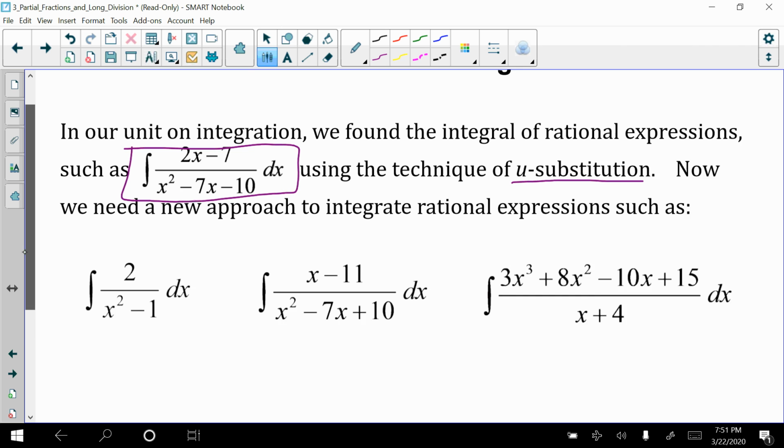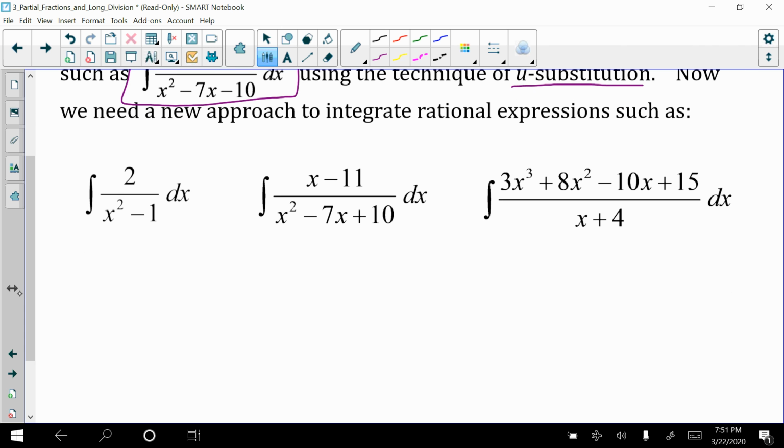Well, in some examples, with these rational functions, U substitution won't work. So let's take a look at this problem here. If I take the derivative of x squared minus 1, that's going to give me 2x, which does not match what I have in the numerator.